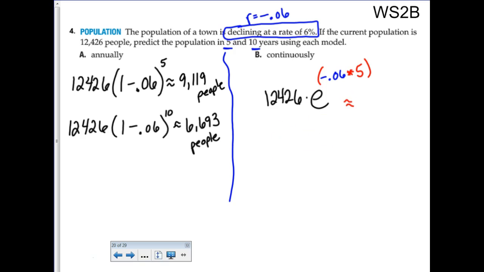And then the second problem you're going to do is the same thing except it's 10 years. All right, so I got 9205 for the first one. And 6820.